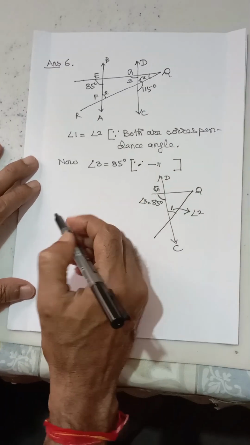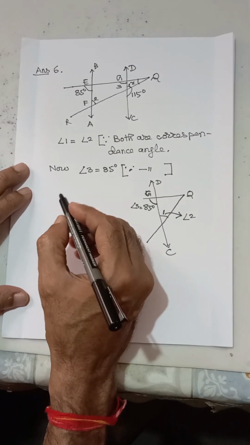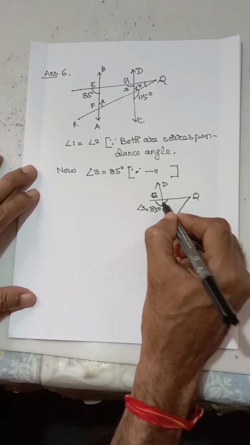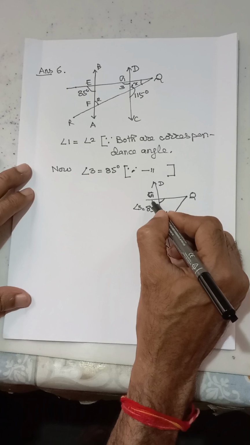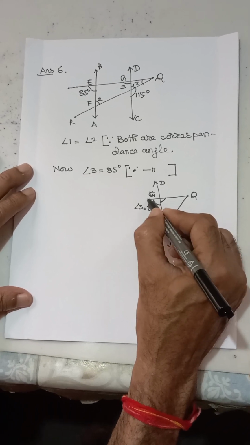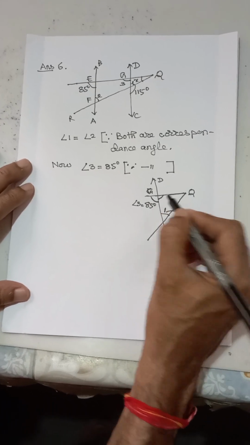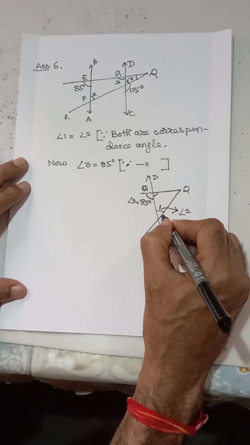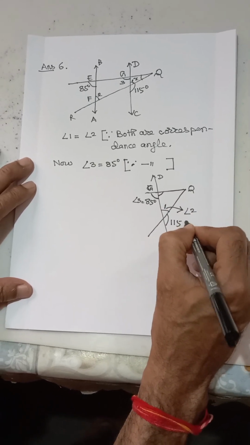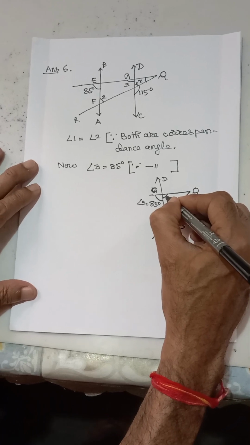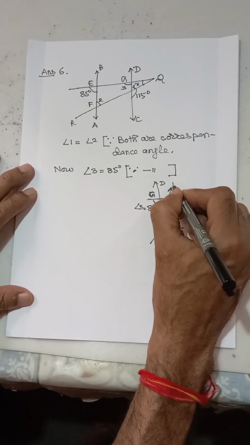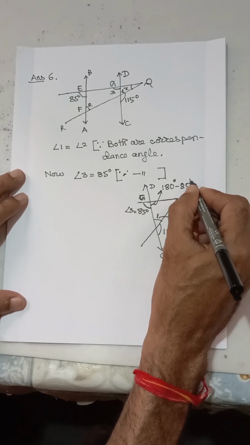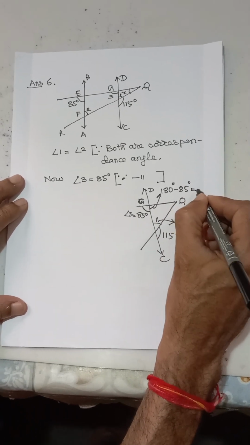Now this is 85 degree, so sum of these two angles will be 180 degree, because this is a straight line. And this angle is given 115 degree. So this angle will be 180 degree minus 85 degree, which is 95 degree.